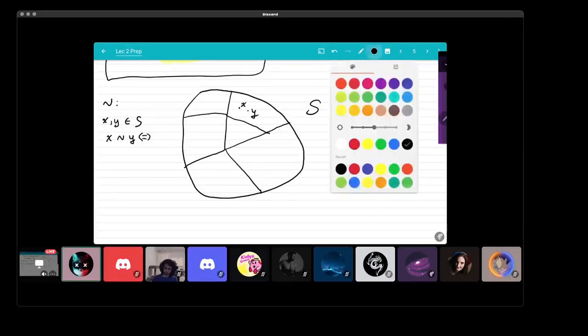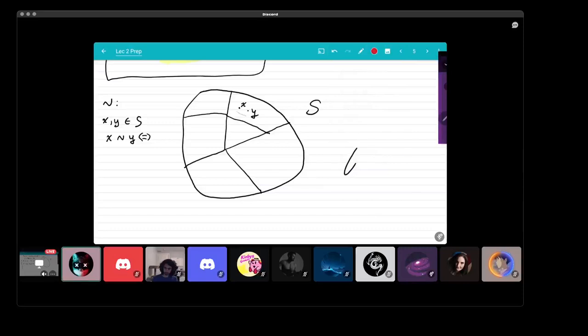So this, for example, here x and y are equivalent because they belong to the same portion, let's call it portion. So here they're equivalent.